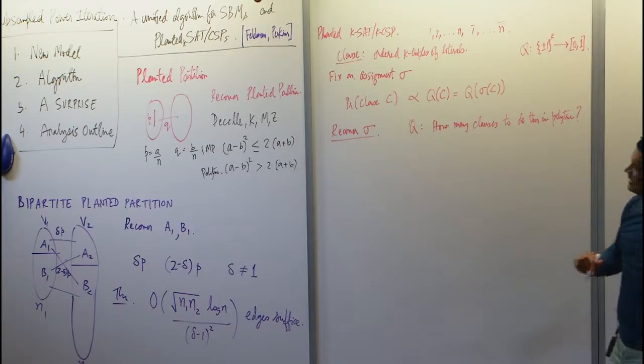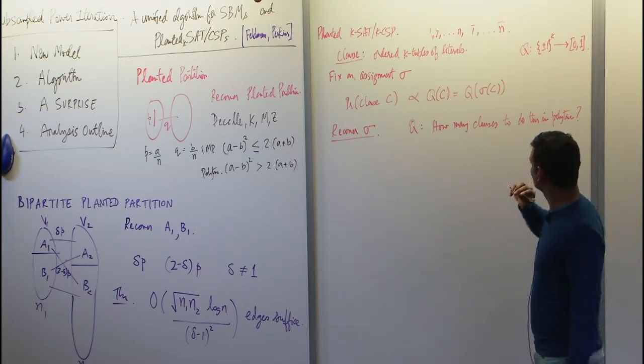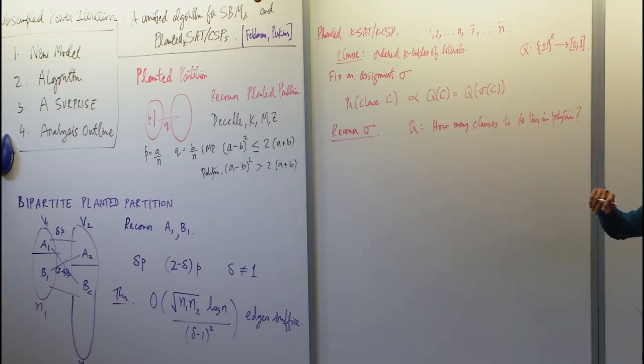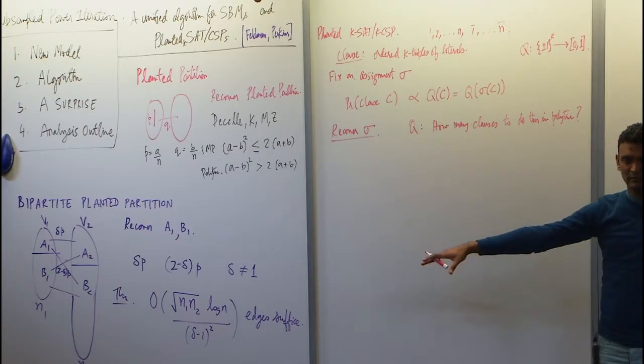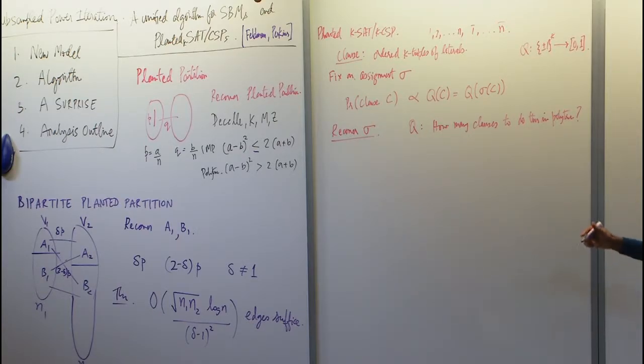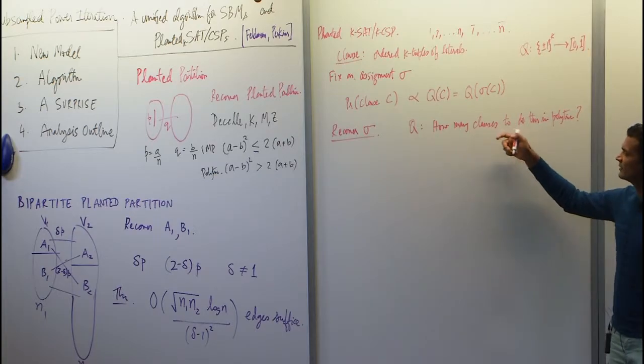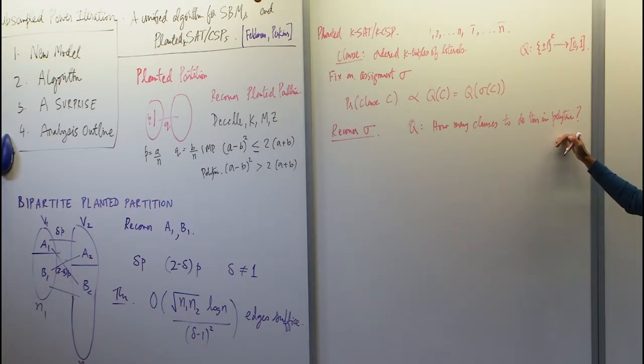Now, like in the block model case, there's a huge gap here, and not a constant, between what's needed information theoretically and what we can do algorithmically.